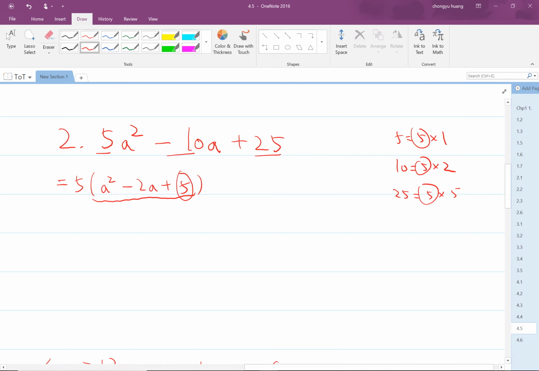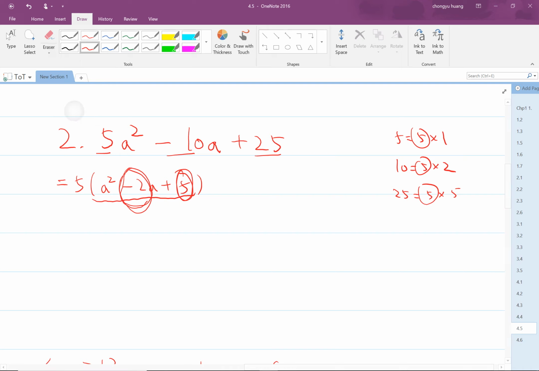There's actually no combination we can make that becomes -2. We have a 5 over here, and there's no way we can make the middle term by doing some combination and have it become -2.